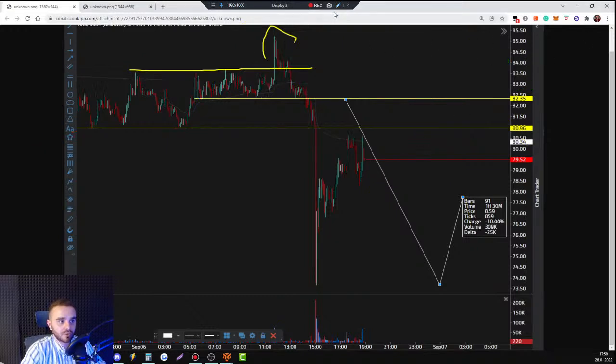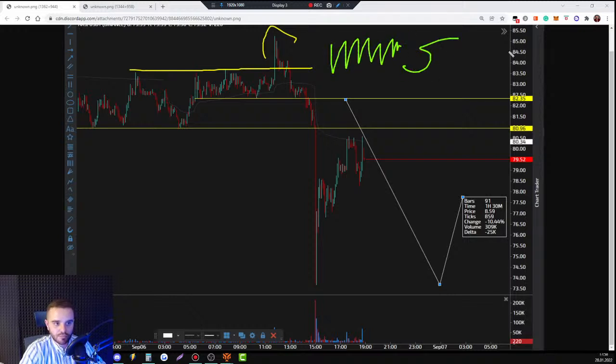Big guys build short position here. People, retail, build long position here. Some of them get out by stop losses here, but some of them get out by liquidations. And they sold their position exactly here at the bottom.